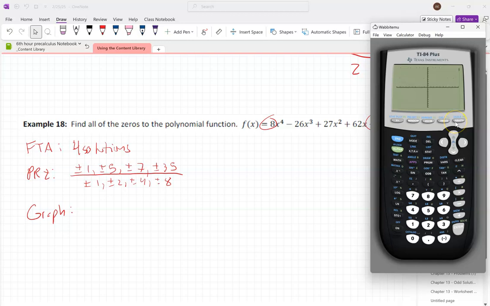And we'll just hit graph because we're already on that standard window. Okay, so it's a little too big of a window for me to really have a clear picture of what's going on. But it looks like all the action is happening between -2 and +1 on the x-axis. So I'm just going to change my window to go from -2 to +1 so I can get a closer look at what's going on.